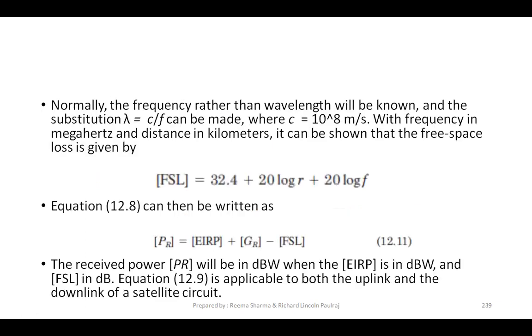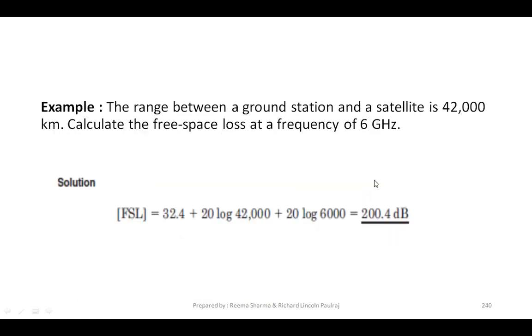So we are going to use this formula here, because the distance is given and frequency is given, so this is the most appropriate formula. I just substitute that, and I'm going to get about 200 decibels. So problems are relatively very simple, just that you'll have to figure out which formula to be used.